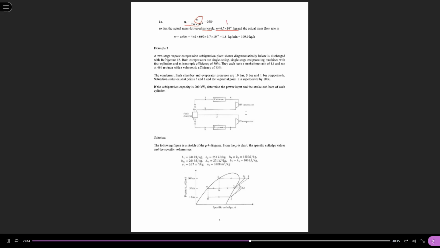So for the actual mass flow rate per hour, we need to consider 4 cylinders, and this is single acting.